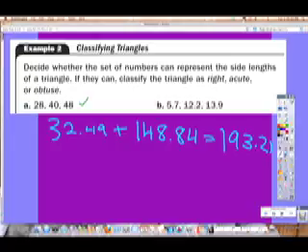Say it in the mic. It is obtuse, right? How come? Because the legs are smaller than the hypotenuse. Do you guys agree? All right, put up 2 up there. Good work.